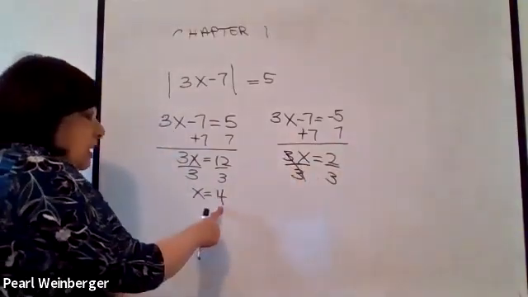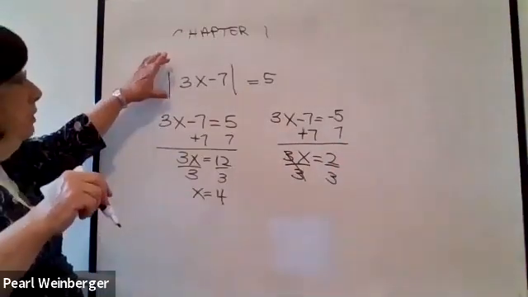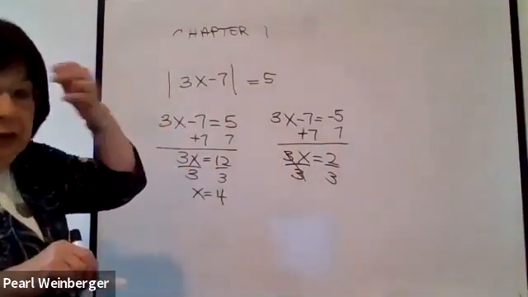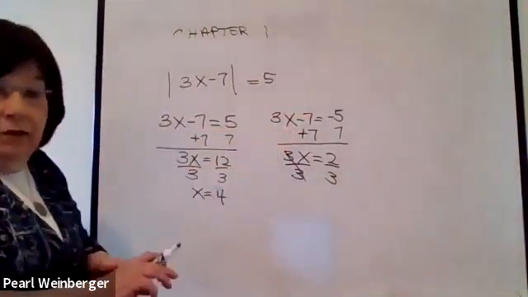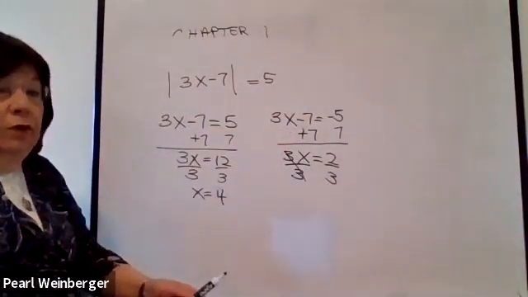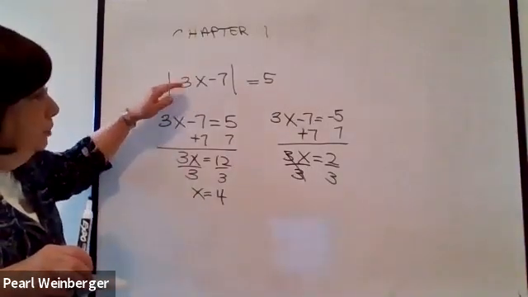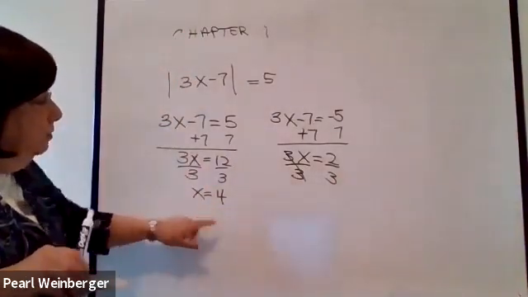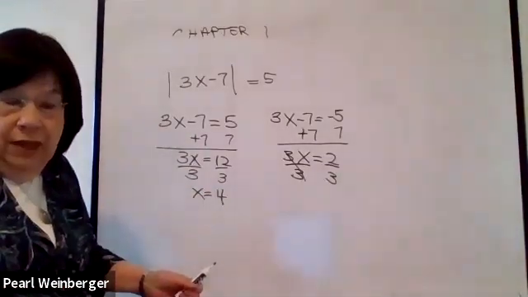So my answers are 4 and 2/3. With absolute value equations, you end up with two answers, one from the positive and one from the negative. Any questions? Don't forget, the most common mistake people make is they just drop those absolute values and just give one answer. You need to give both answers.